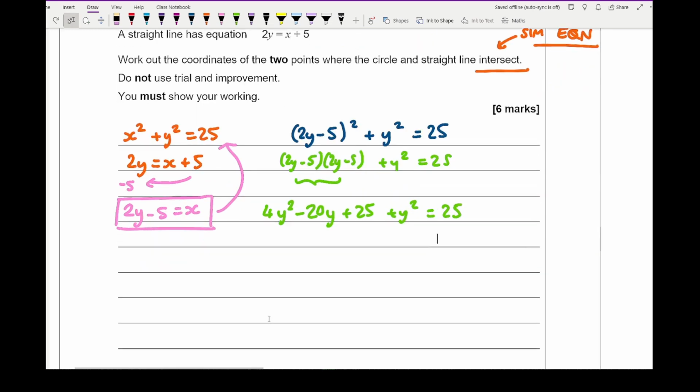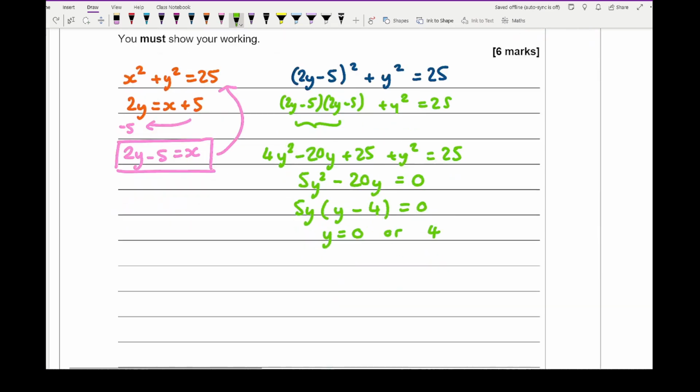Then from this I can simplify, and I get 5y squared minus 20y, and I take the 25 over, and that's going to equal 0. Now from this, what I want to do is factorise. So I can take 5y out, in which I end up with 5y times y minus 4 equals 0. And that's going to give me a y value of either 0 or 4.